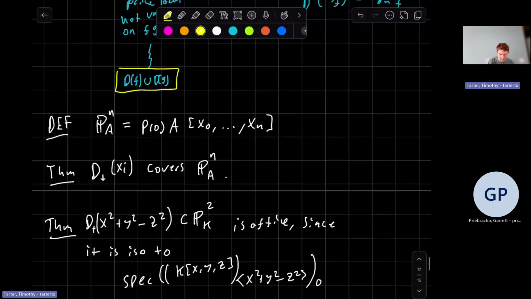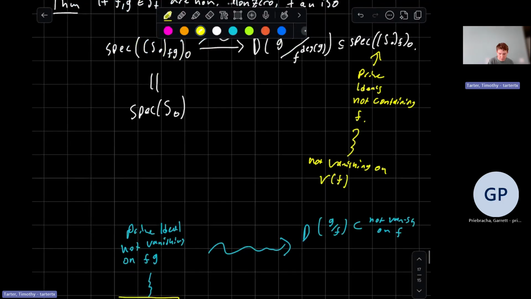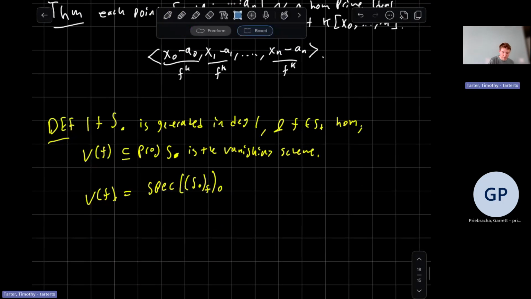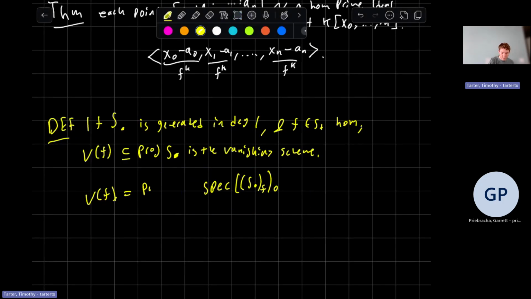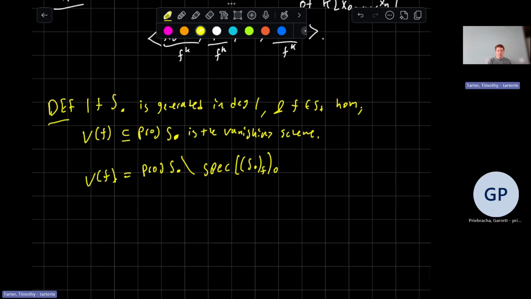And I think that is exactly it, right? No, no, no, complement. So then it's Proj S bullet minus that, right? And so this is the thing that completes everything.